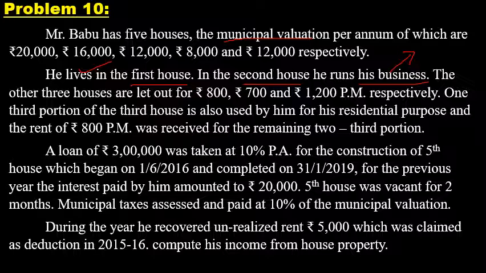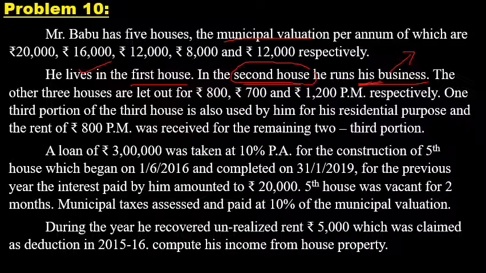It should be considered as business income, not house property income. So there is no assessment of the second house as house property. It is a business property used for own business, so it comes under his business income, not under his income from house property.